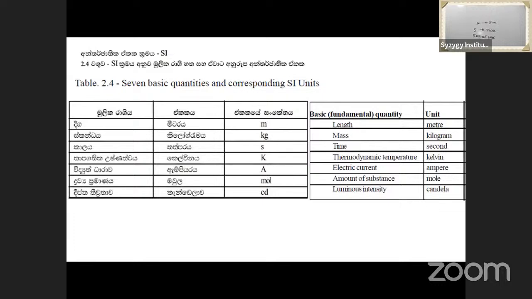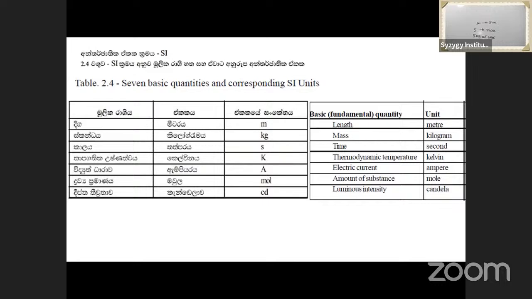To measure length, we can use the meter as the basic unit. Then the second one, mass. To measure mass, we can use the kilogram. Then time. To measure time, the basic unit is the second.